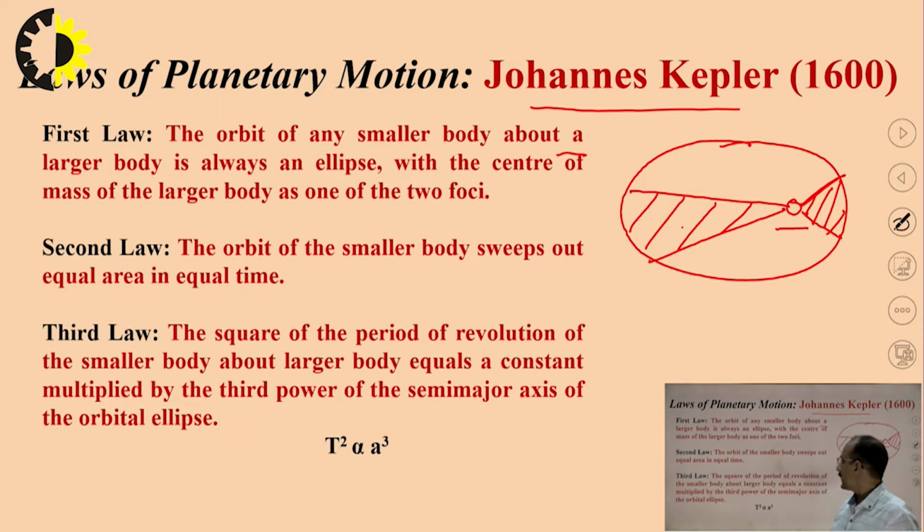So this individual law is about the law of area, and the first law is about the law of orbit.